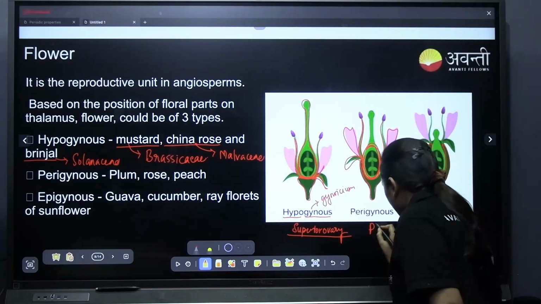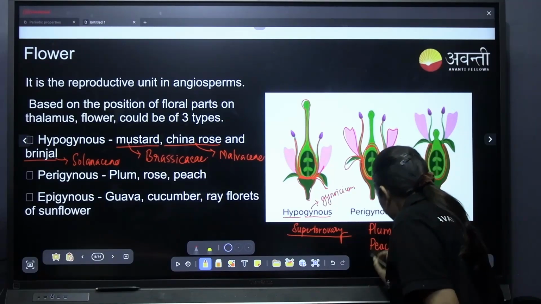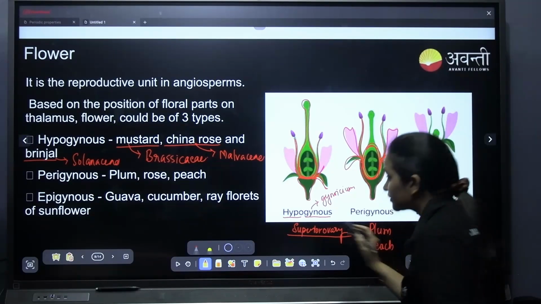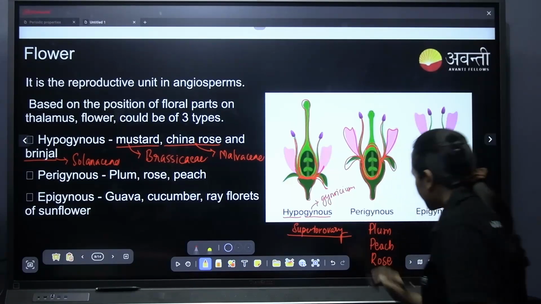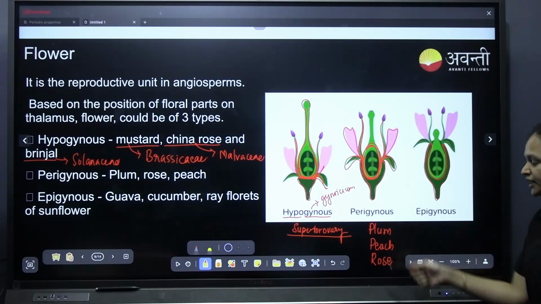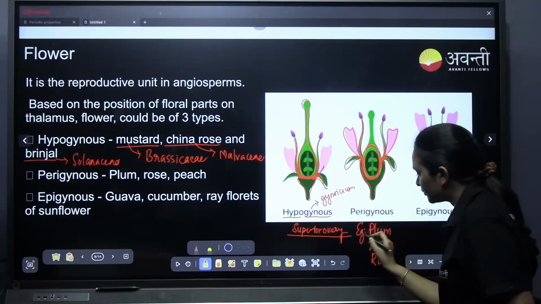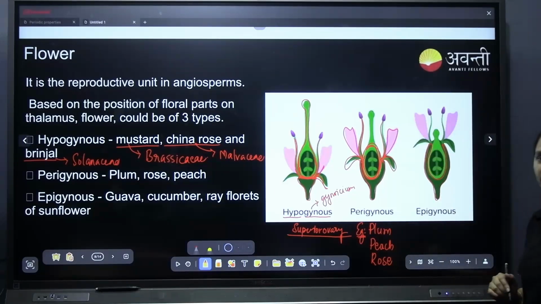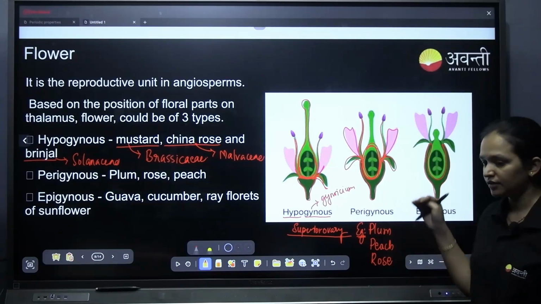Examples become very important here: plum, peach and rose are the important perigynous examples. This type is otherwise called half inferior. It is not properly inferior, not properly superior.